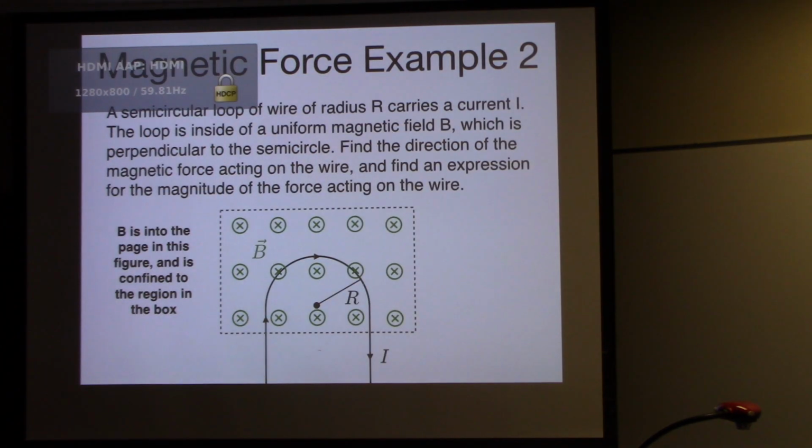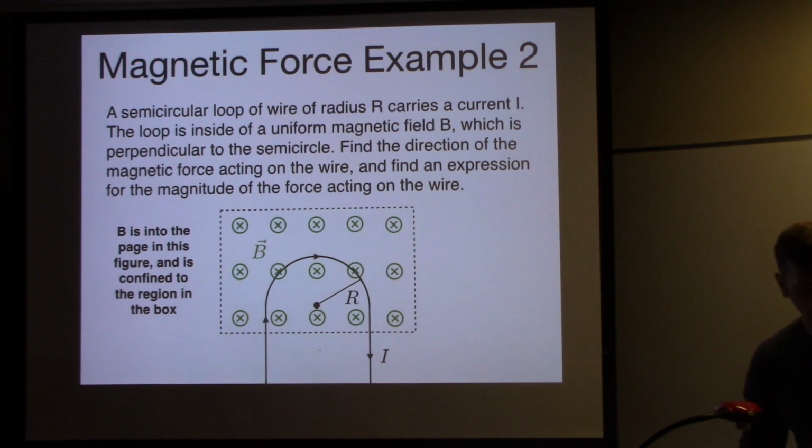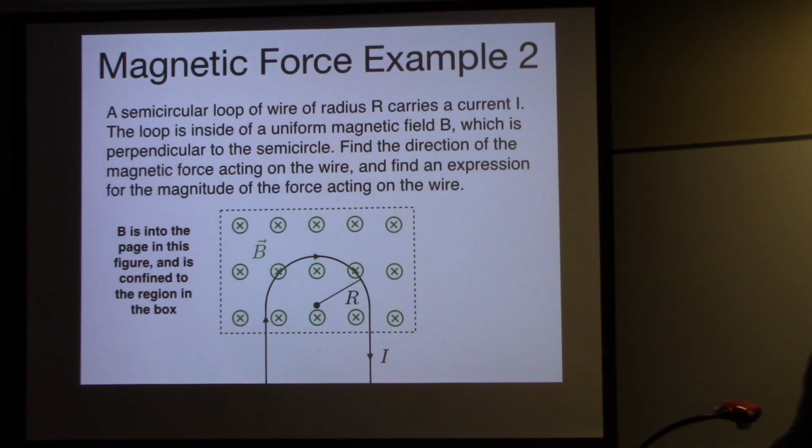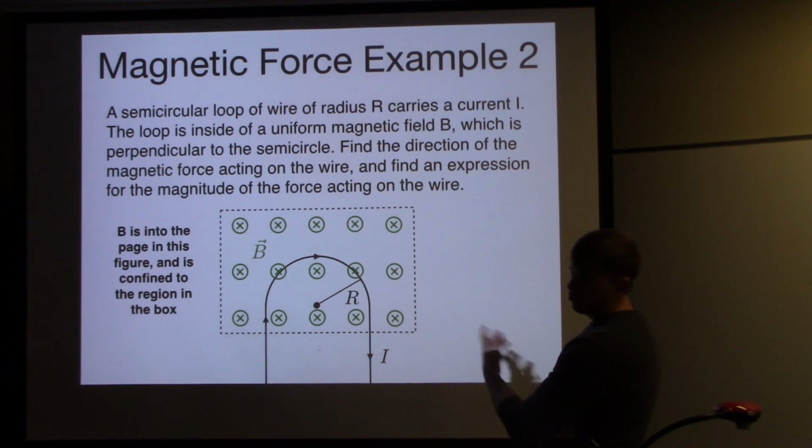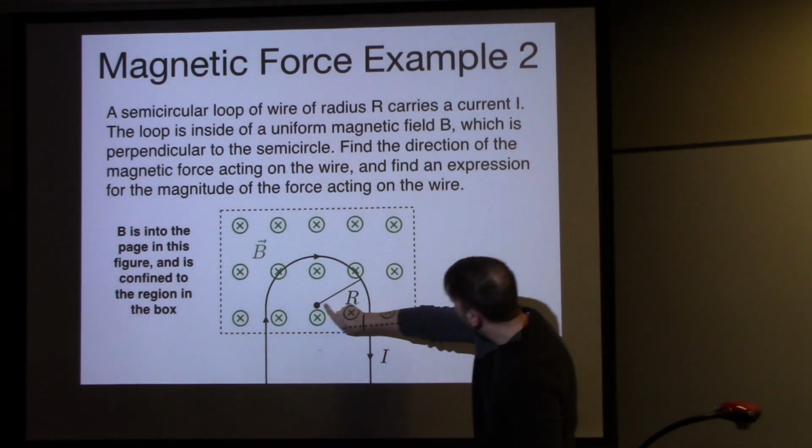Okay, so now we're going to do a calculus-based example. So this is going to be a little bit tricky, but this is something you should know how to do. And this example says we have a semicircular loop of wire with a radius, which we'll just call r. So the radius r is right here.